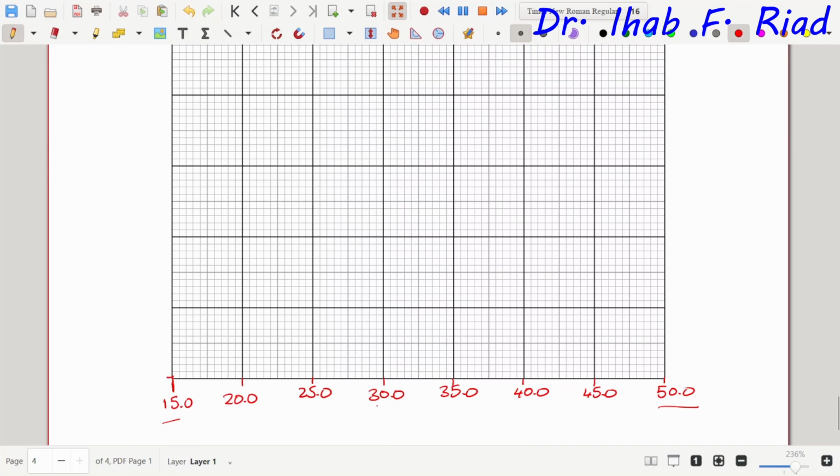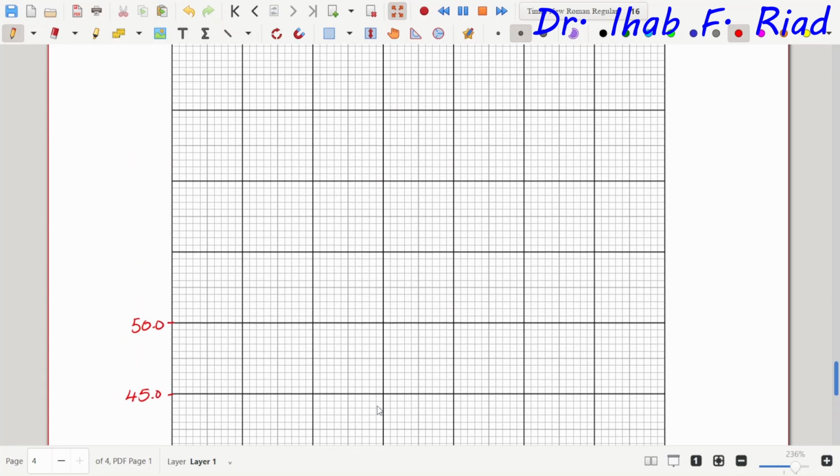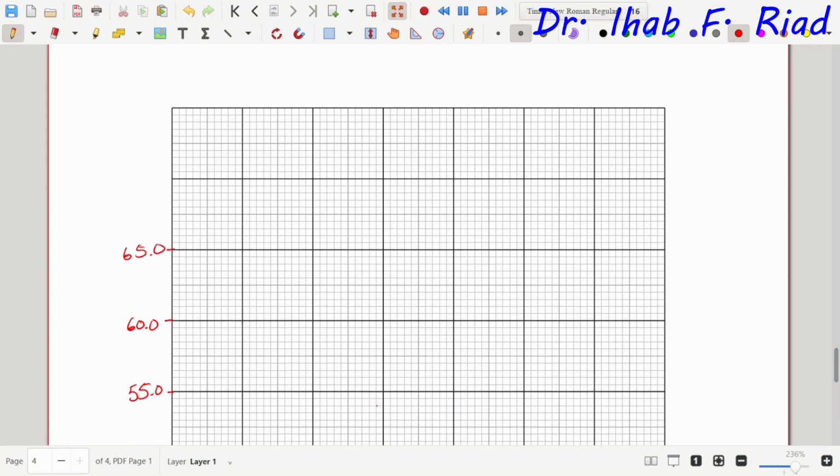So on the y-axis, it is 20, 25, 30, 35, 40, 45, 50, 55, 60, 65, 70, 75.